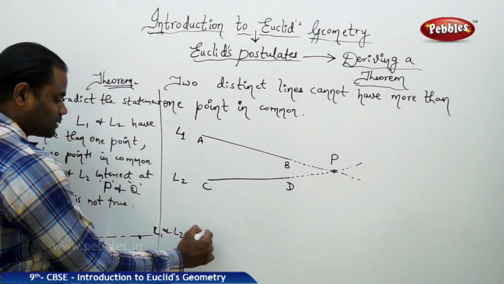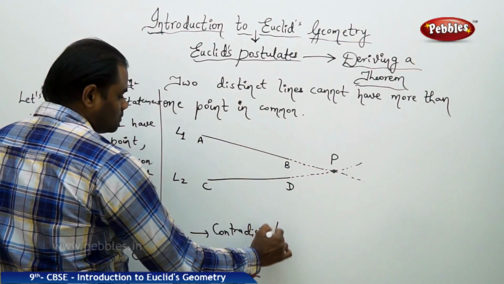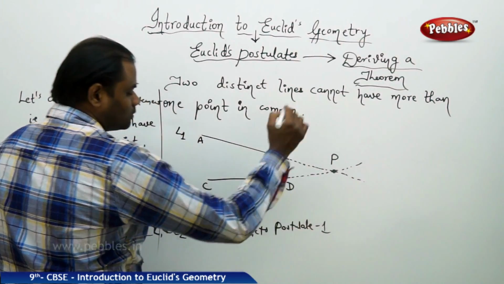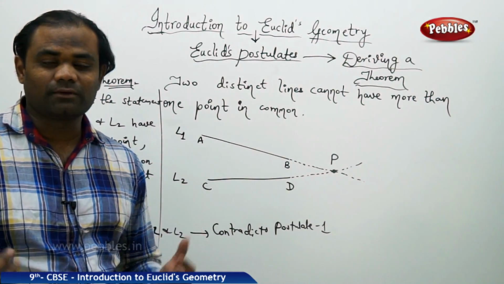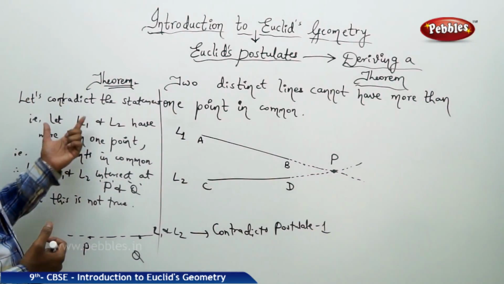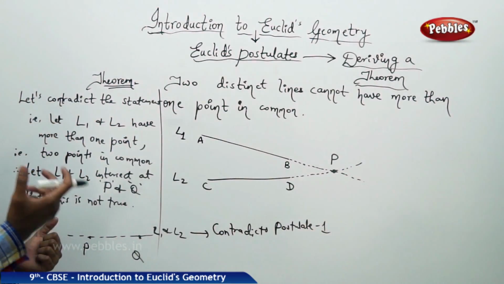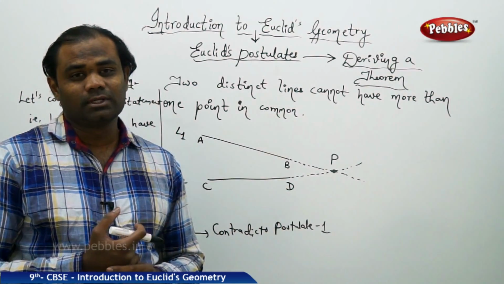So this contradicts postulate 1. Therefore, our assumption is wrong. What is our assumption? Our assumption that the lines L1 and L2 have more than one point in common is true, is false.